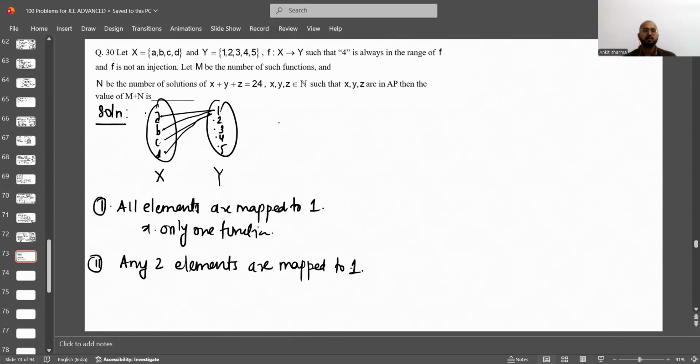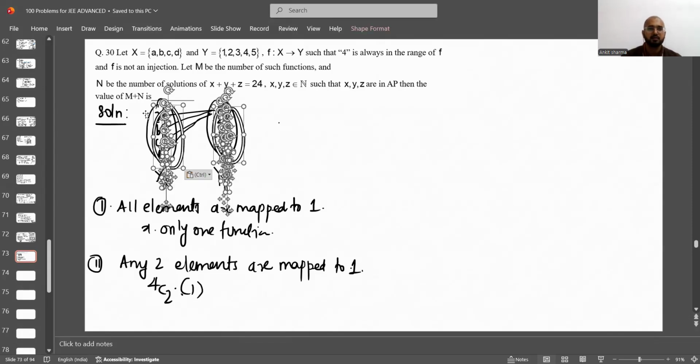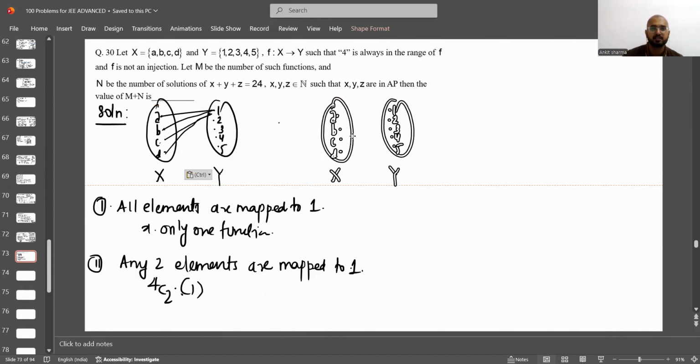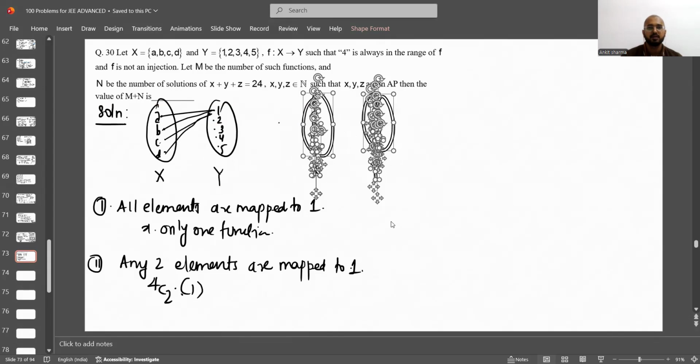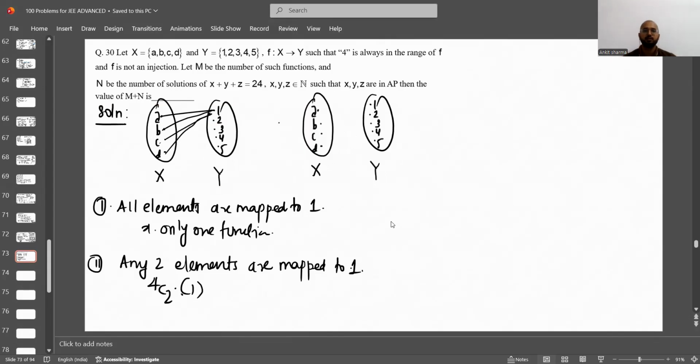In this case, out of these 4, we will select any two elements and map them to 4. Now we are saying that any two elements are mapped to 4. So out of these 4, I have selected any two elements. Let us say I've selected B and C, and I'm mapping them to 4.